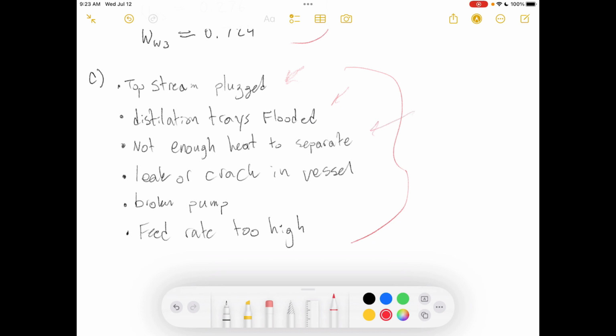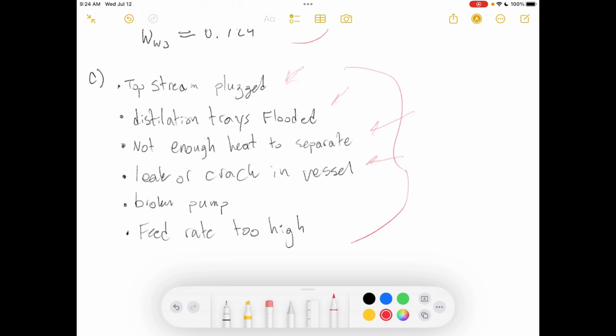There could be just not enough heat going into the distillation column to actually cause the full separation. So maybe you do have a certain vapor occurring, but the temperature isn't high enough to actually get a good separation. There could be a crack or a leak in the vessel, and so maybe you are separating, but then the fluids are able to mix back together somehow through a crack or a leak, where there's flow where there normally shouldn't be any flow.